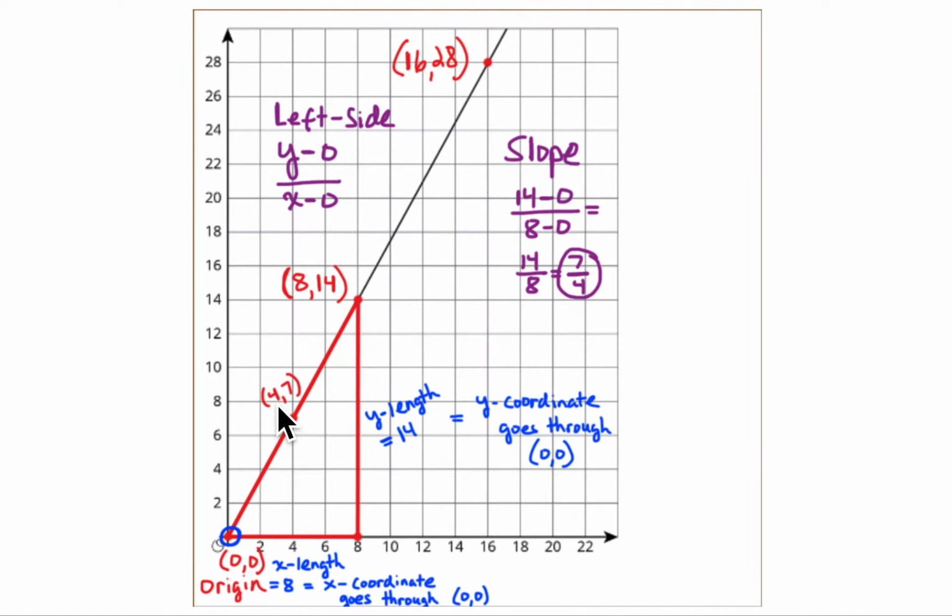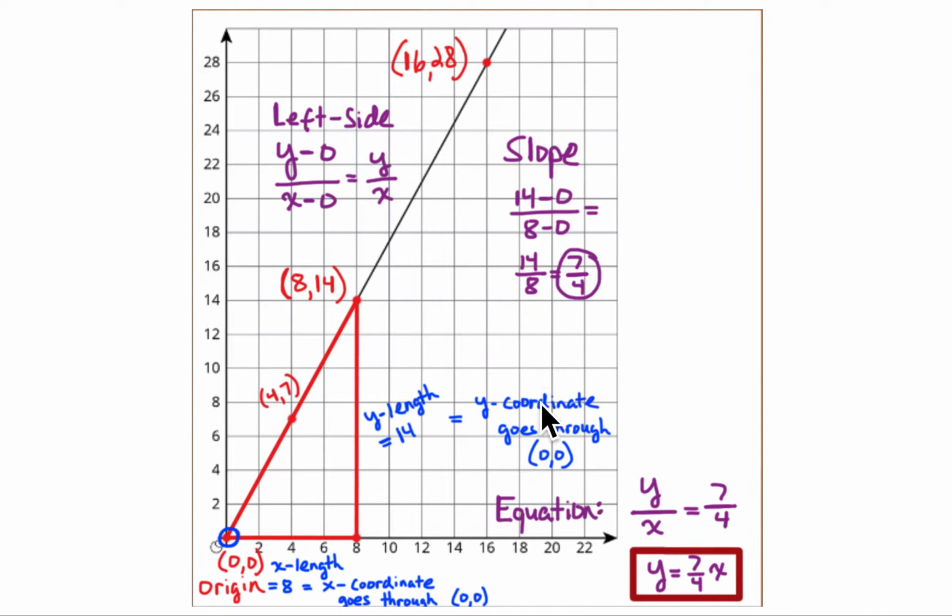They also tell you what the left side of the equation is, the side with the x's and y's, because y minus 0 is y, x minus 0 is x, so the ratio of y to x is equal to 7/4.